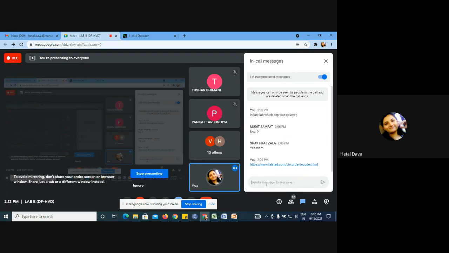Can anyone tell me, please? You can unmute yourself and tell what you have observed from this animation. Shaktiraj has observed that one of the outputs is high if at least one input is high. Okay, yes, Shaktiraj, good try.